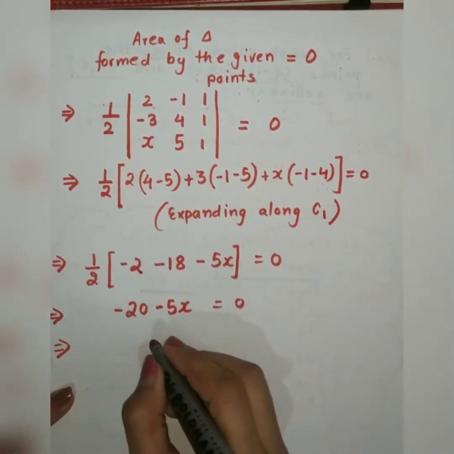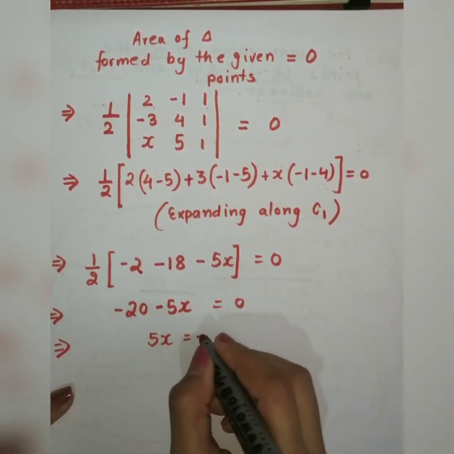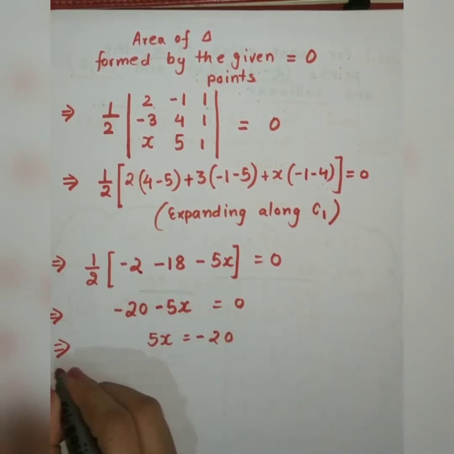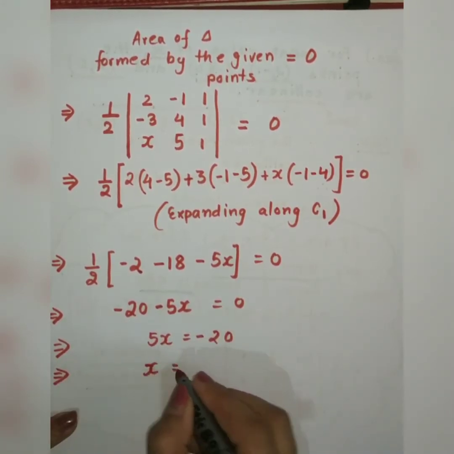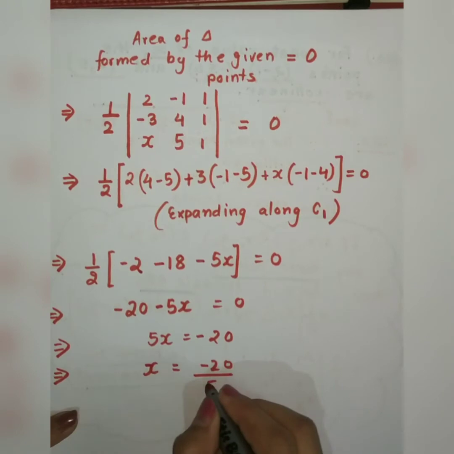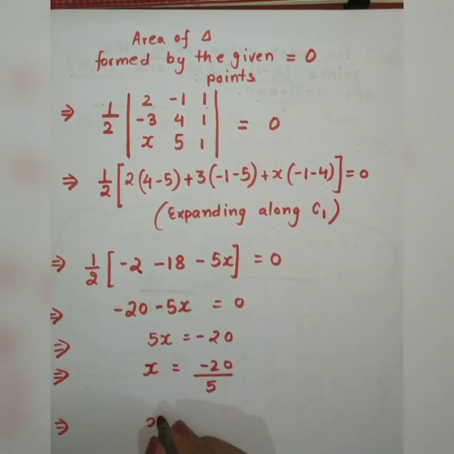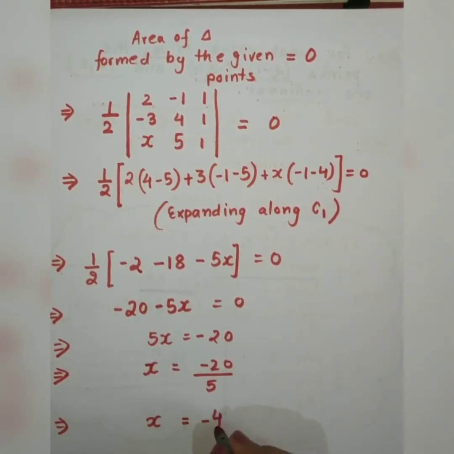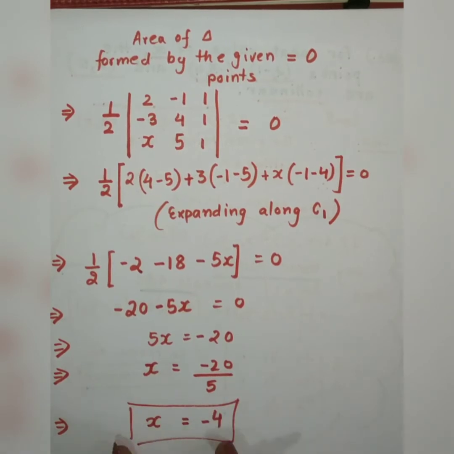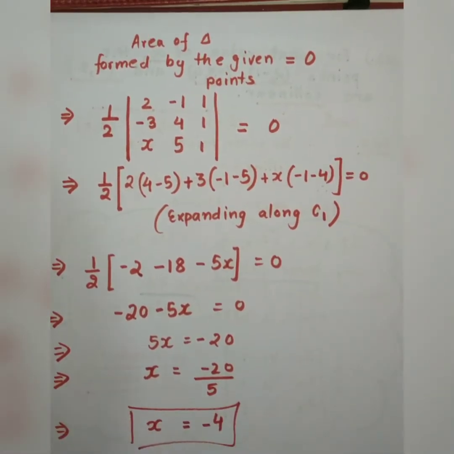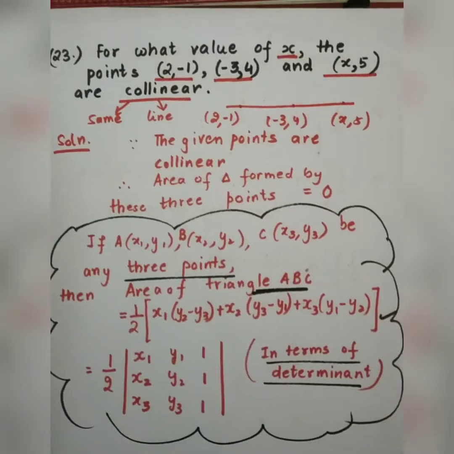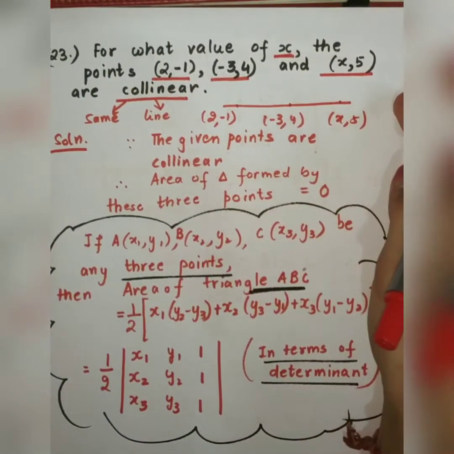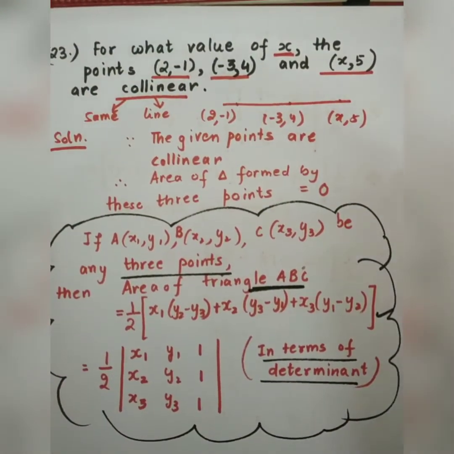So this implies 5x is equal to -20, which implies x is equal to -4. So thus, if x is -4, then these given 3 points are collinear. That is, these points will lie in the same line.